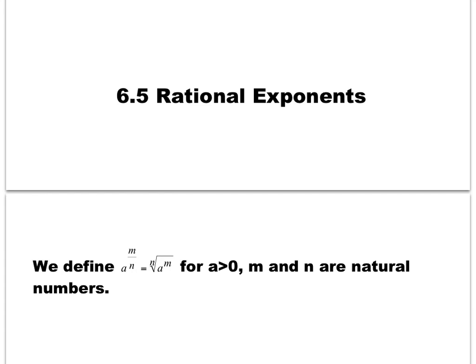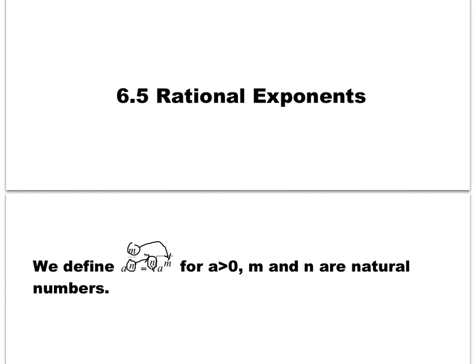We do not define it for a to be 0 or a negative number. Then a exponent m over n is equal to the root of n, which is the denominator here, and m is going to be the exponent under the root. So a exponent m.